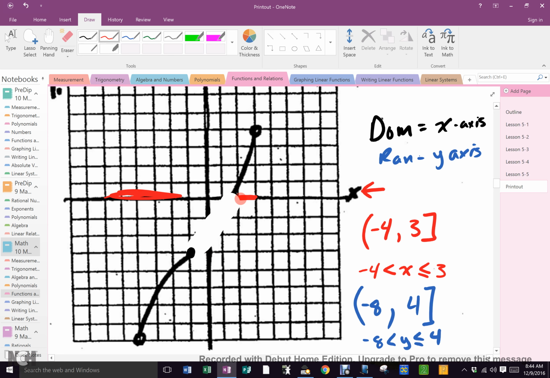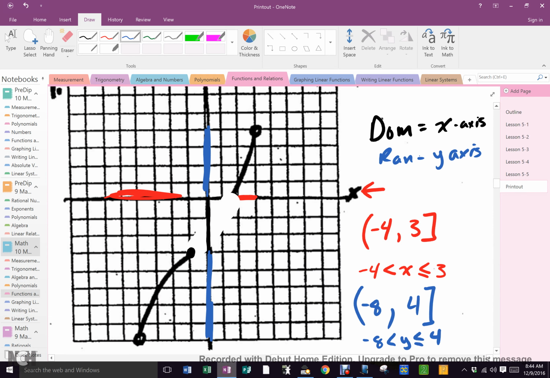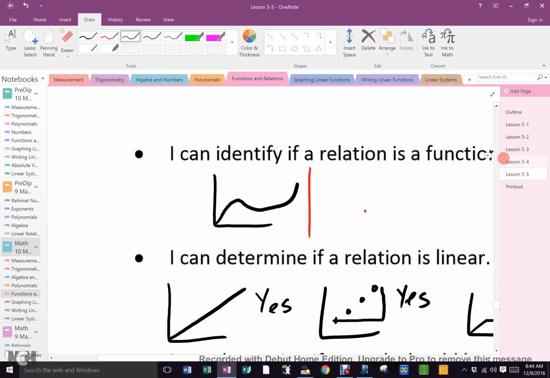How many ranges do I need? 2, because there's this part of the range and this part of the range. But the rules don't change in how we find it. Okay? Everybody good? All right. That is domain and range.